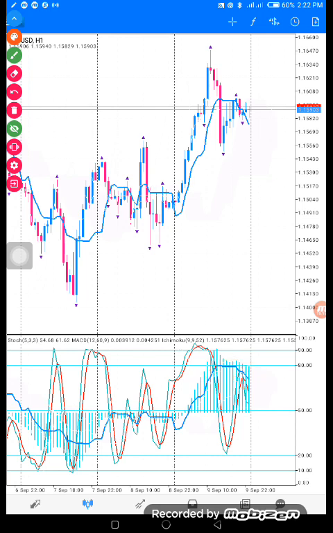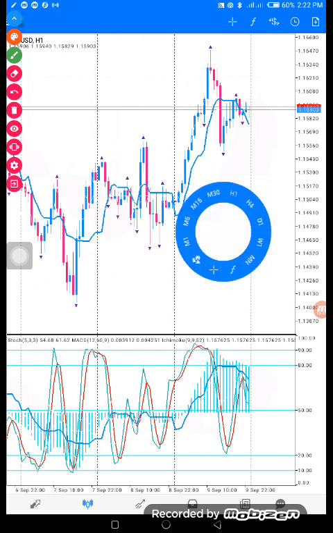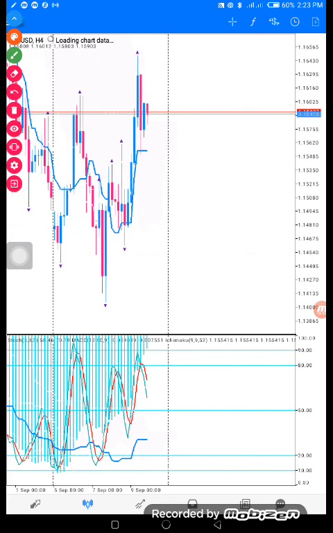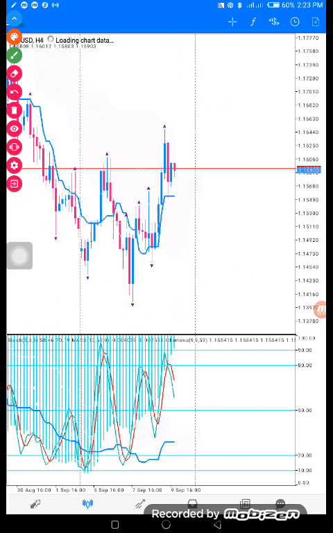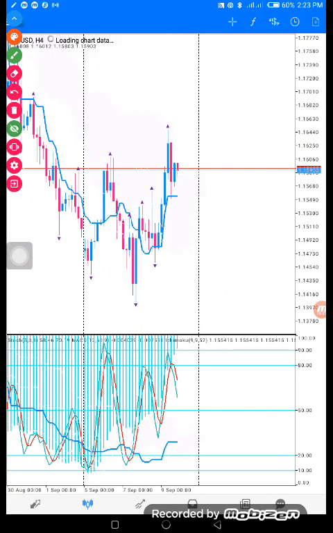Now let's go to the 4 hours time frame and see what happened. You see now in the 4 hours time frame, the Ichimoku is below here coming up, and we had the same crossover here, here, here, here, and here.